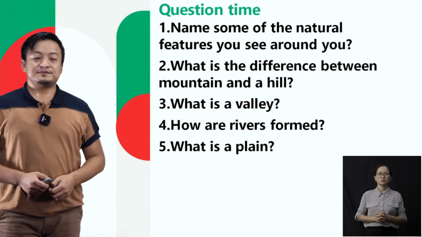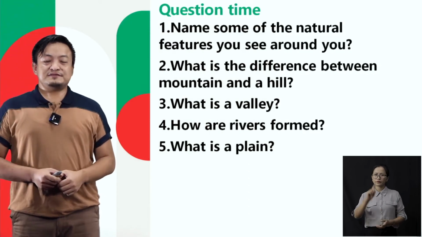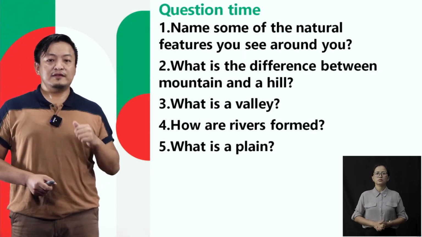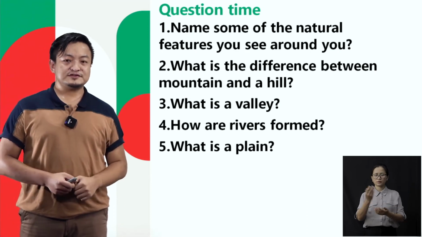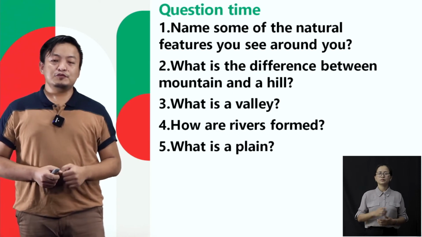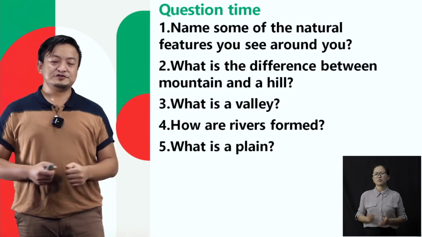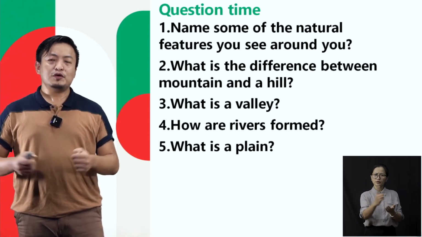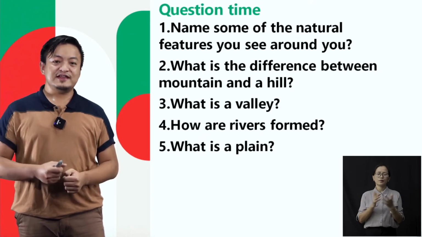So students, the first question, name some of the natural features you see around you. So students, we have many natural features around us. So what are those natural features? Let's name them.